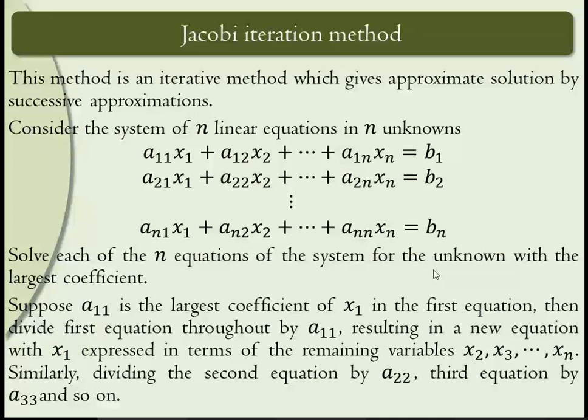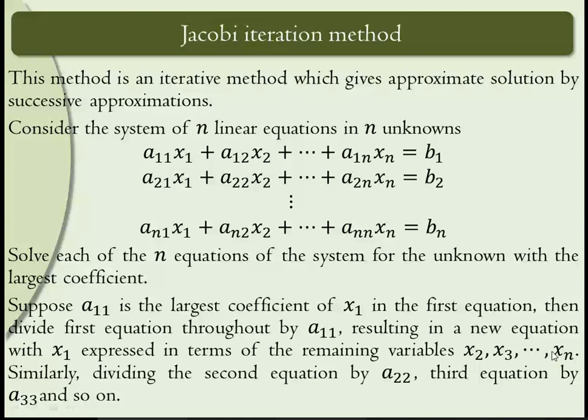Take that as equation 1 and take that largest element as a11. So assuming that a11 is the largest coefficient of the first equation, take all the other terms to the other side and divide by a11. So we get the value of x1 in terms of other variables.